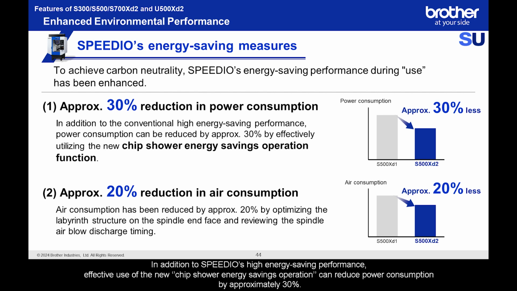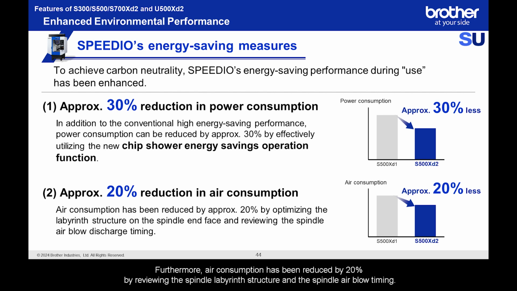In addition to Speedio's high energy-saving performance, effective use of the new chip shower energy savings operation can reduce power consumption by approximately 30%. Furthermore, air consumption has been reduced by 20% by reviewing the spindle labyrinth structure and the spindle air blow timing.